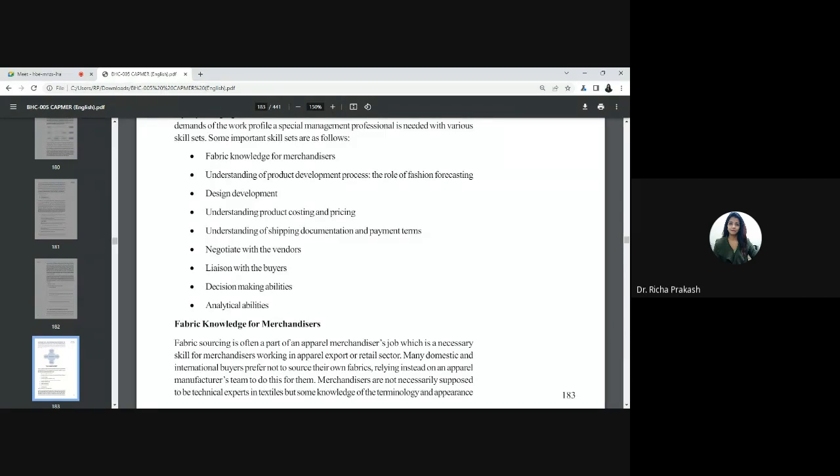Understanding of the product development process, how the whole product is developed, and before the production of the product actually, one of the terms that you all must have heard about is fashion forecasting. What is fashion forecasting? Fashion forecasting is something that, forecast मतलब आपको predict करना पड़ेगा what is the future of fashion. So if any one of you follows this fashion industry, you must have seen कि every previous year like 24 का summer spring season already ramp पे आ चुका है.